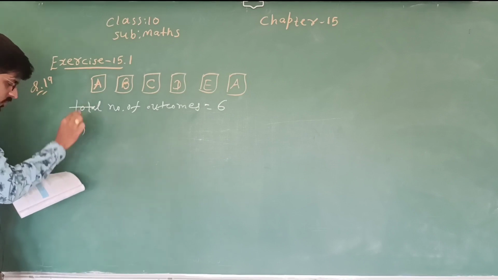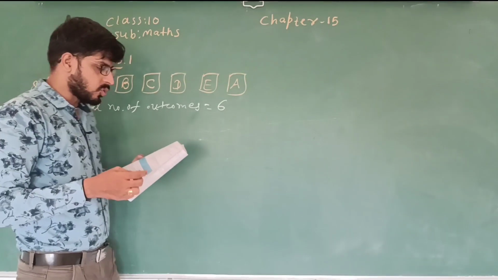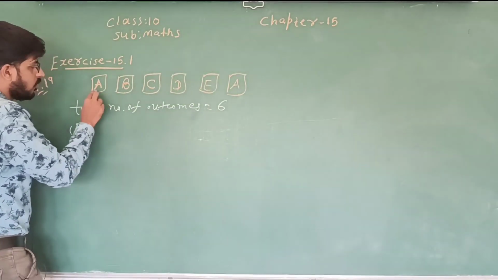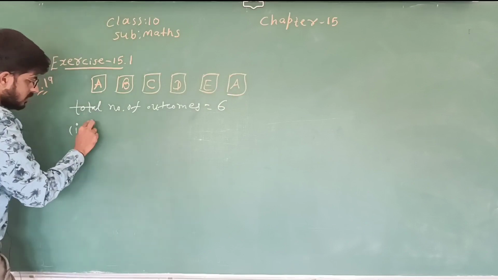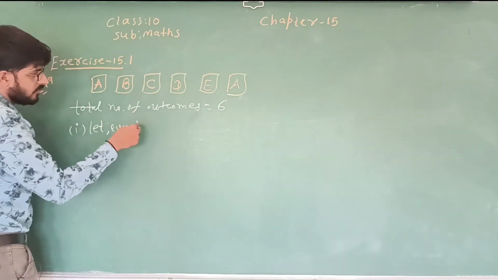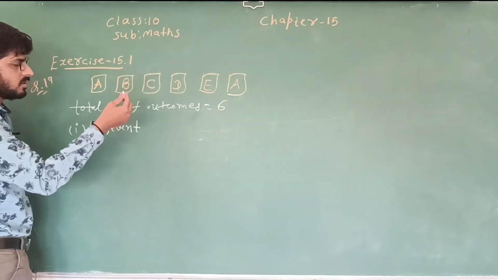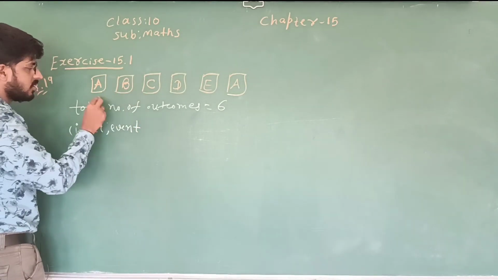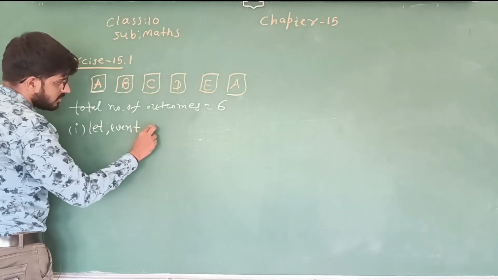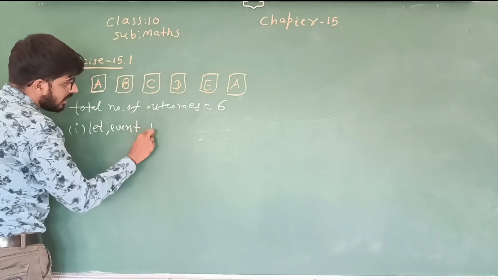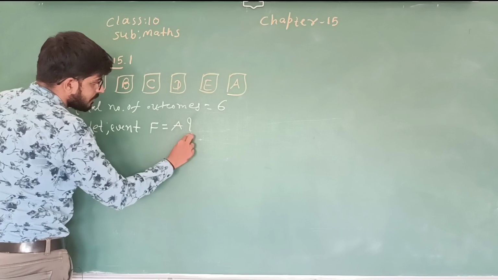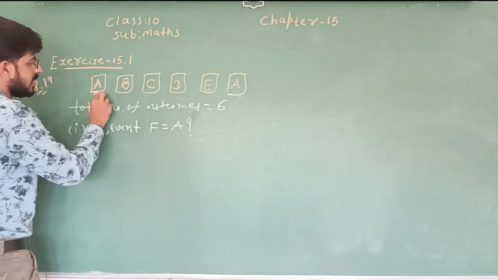Now see, first question: the die is thrown once. What is the probability of getting A? Let us suppose event F is equal to A. We get A 2 times, yes or no?